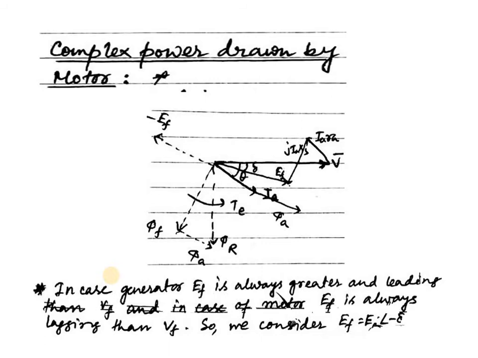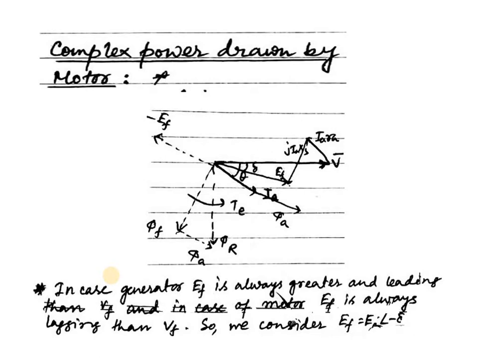The supply voltage V is taken as the reference phasor. For lagging power factor cos phi, the armature current Ia lags behind V by angle phi. The voltage drop in the armature resistance is IaRa, and the phasor of minus IaRa is represented here, in the direction opposite to Ia.